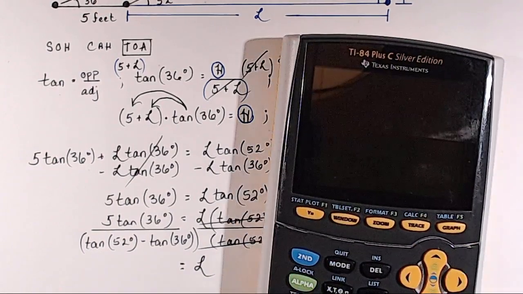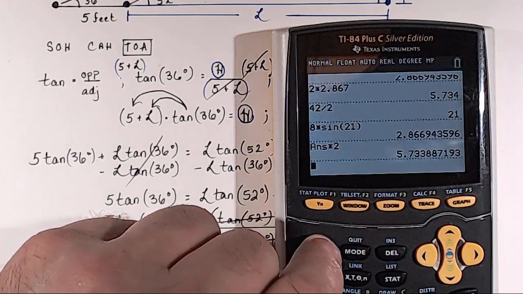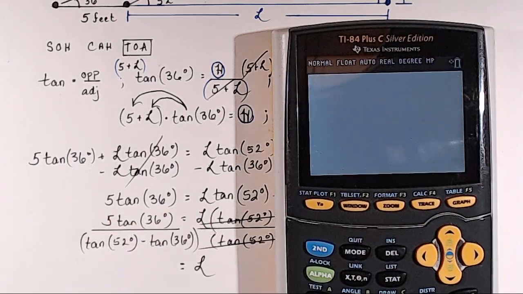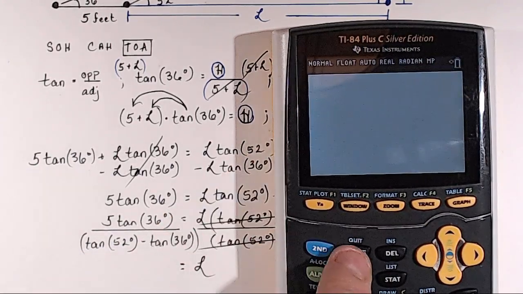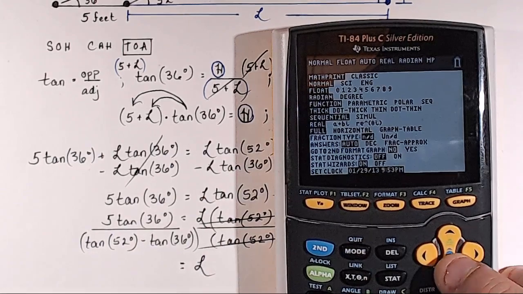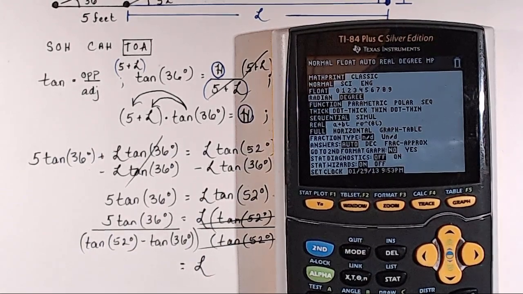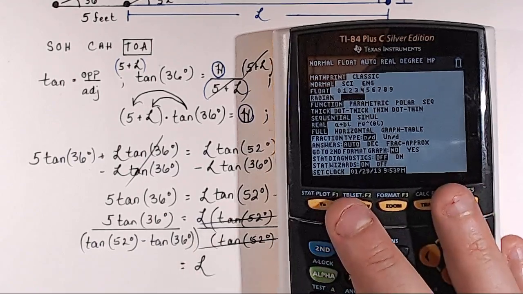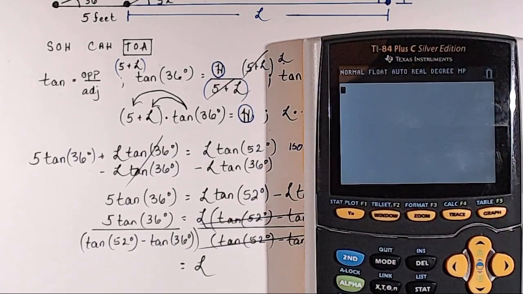We need the calculator for this. Okay, if you haven't already done so, it's good to clear the memory. And then for this problem, we want to go to mode and put the calculator in degree mode, since we'll be taking degree inputs. Okay, so then hit second quit.